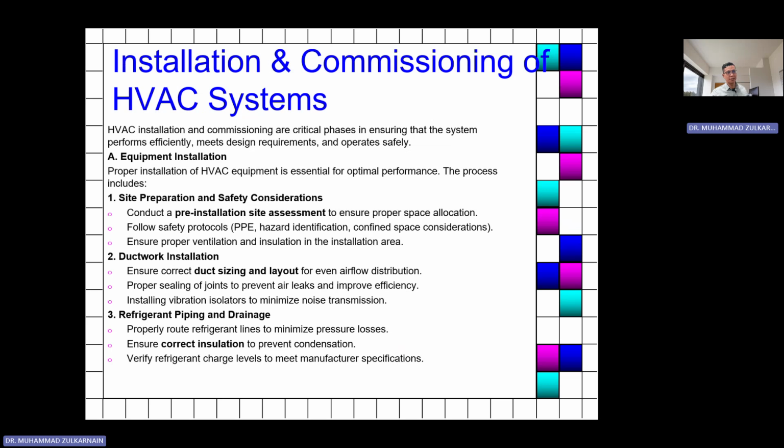So what do we do in the commissioning? First, equipment installation. We need to follow the SOP. Is it correct or not correct? Based on the procedure SOP in our design. Site preparation and safety consideration.